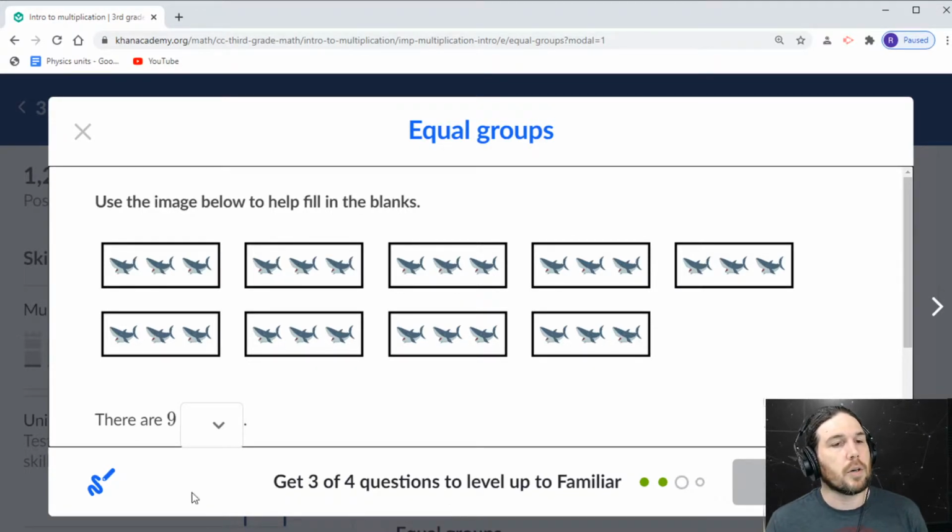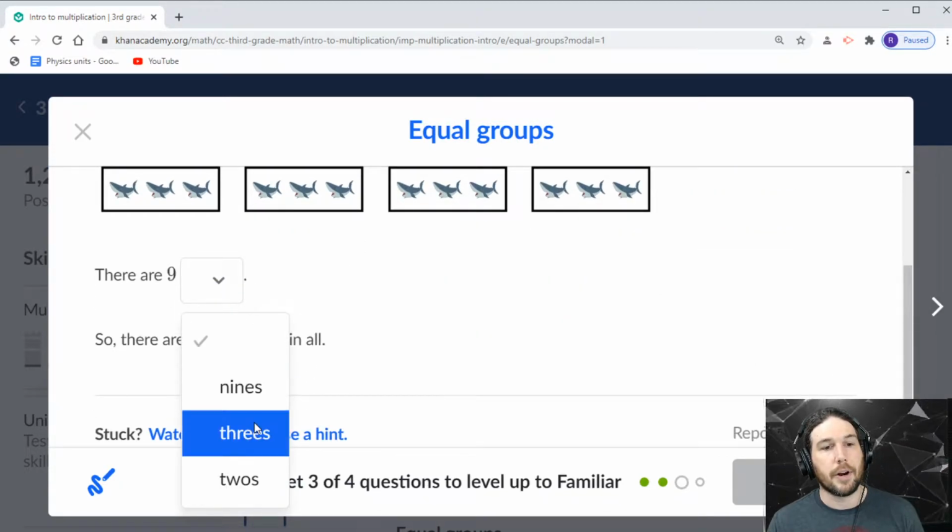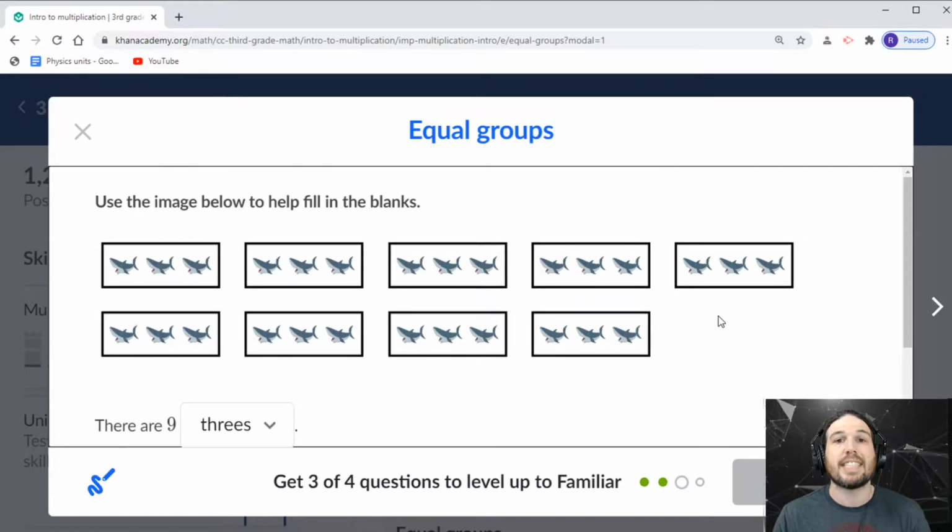Okay, so we're going to go ahead and count these sharks. There's 1, 2, 3, 4, 5, 6, 7, 8, 9 groups. There are 9 threes. Oh, how cool is that? There are 9 threes. This is absolutely 3rd grade vocabulary. There are 9 sets of 3 is what my college-educated mathematical brain would say.